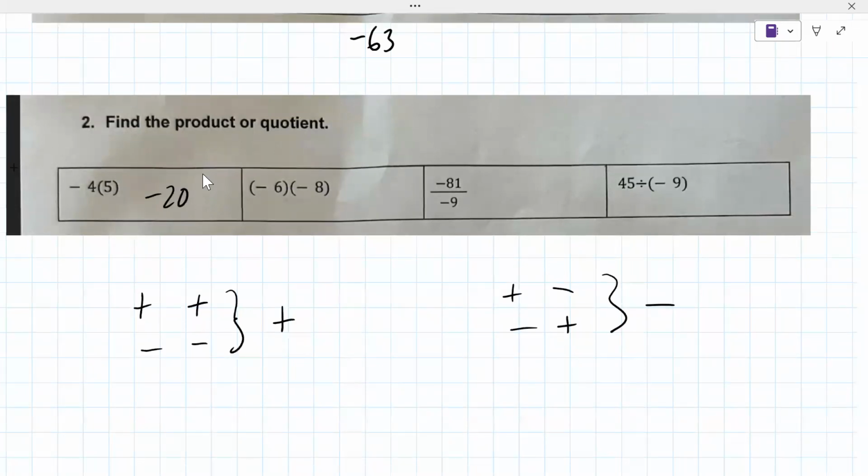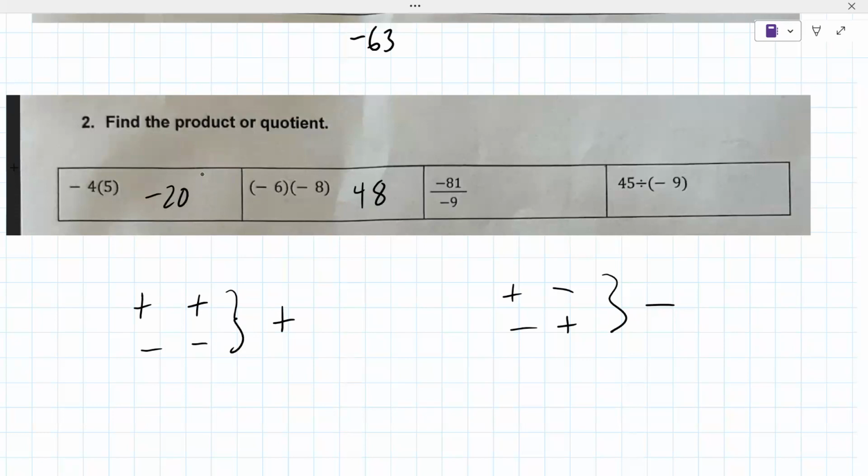So two negatives become positive. So that would be 6 times 8 is 48. So positive 48. Very good. All right, so negative and negative, 81 divided by 9. 1 is 9 times 9.